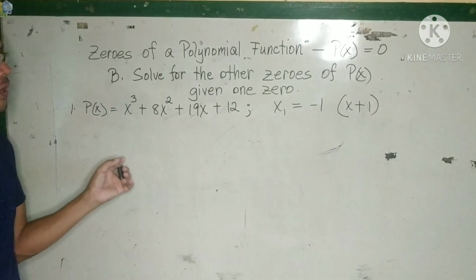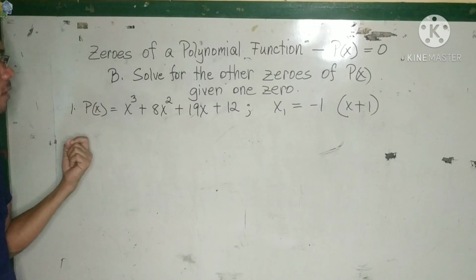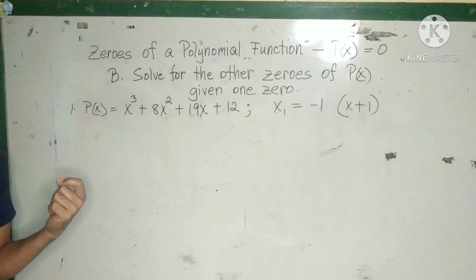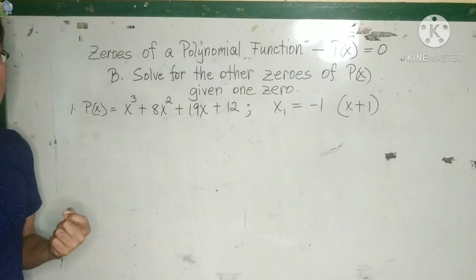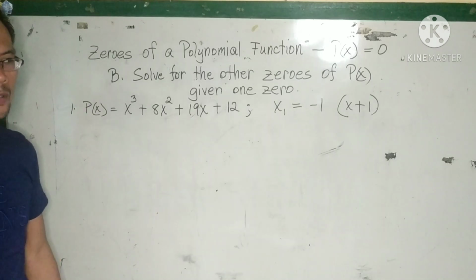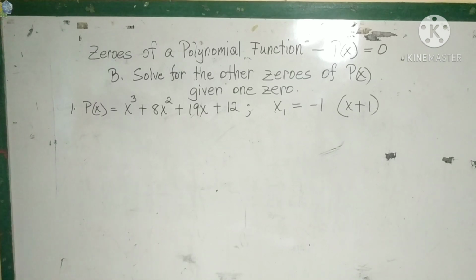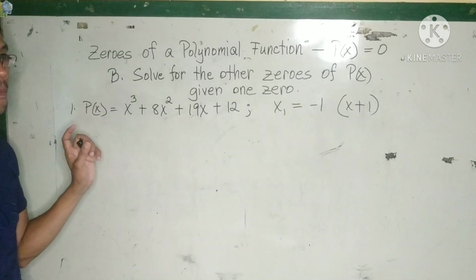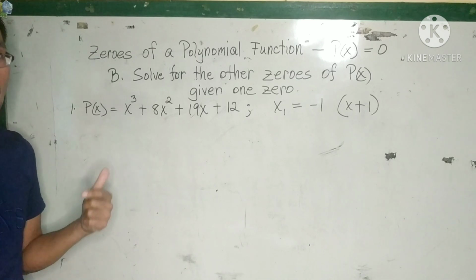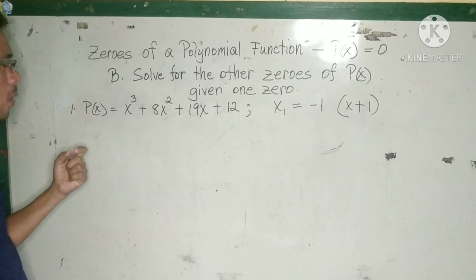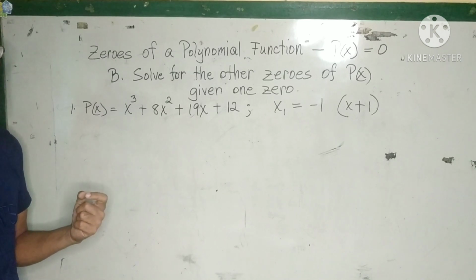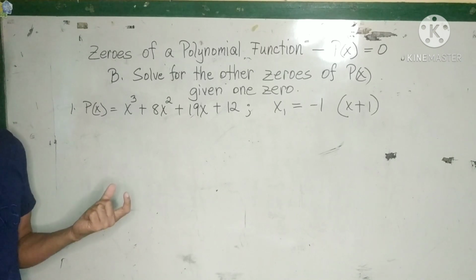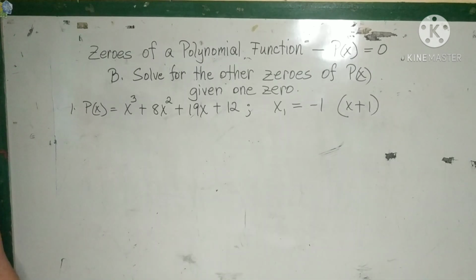So how shall we solve for the other zeros? To solve for the other zeros, we are going to use synthetic division. The synthetic division is very useful if we are to solve for the zeros of a polynomial function, because from there we can also extract the quotient, and from the quotient, we can again factor that out to solve for the other zeros of the given p of x.